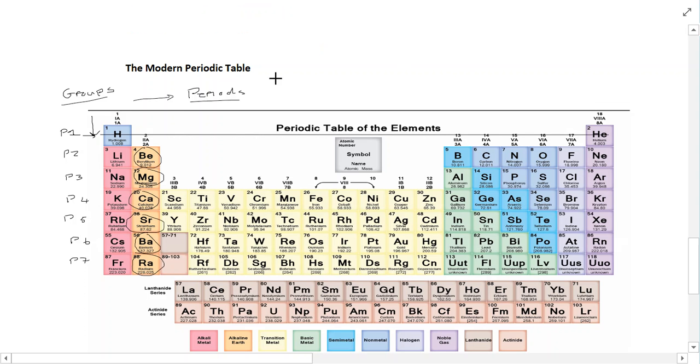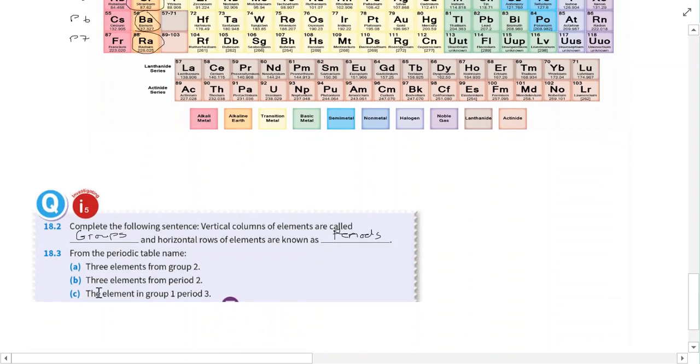Period 2, for example, is going to be all of these elements across here. So all this asks you to do is name 3 elements from period 2.